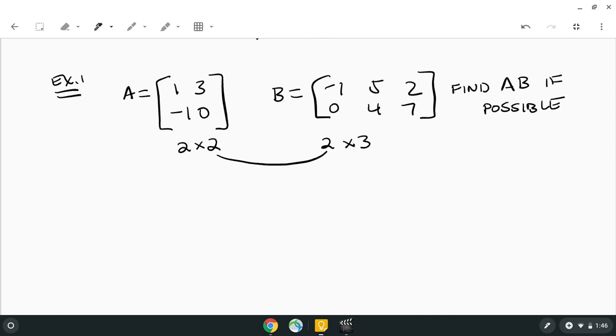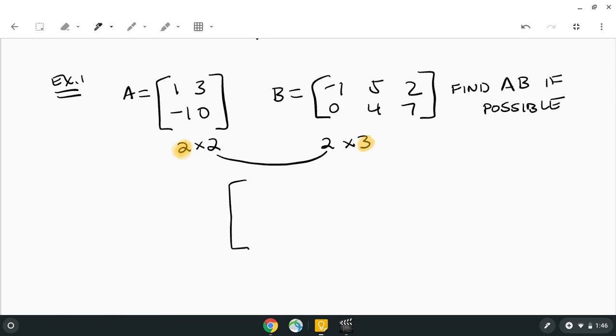What happens is we're going to end up with a 2 by 3 for our answer. So we're going to end up with 2 rows, 3 columns.